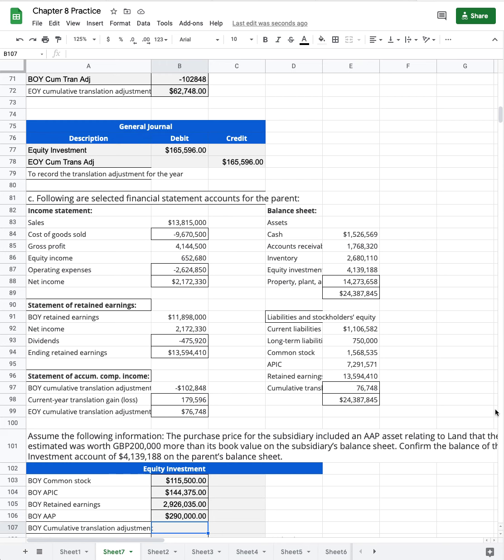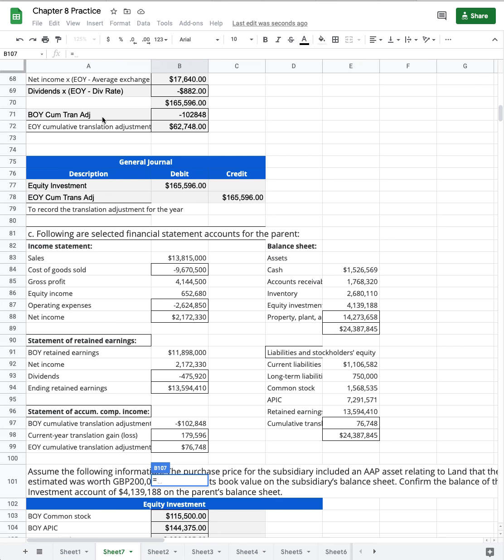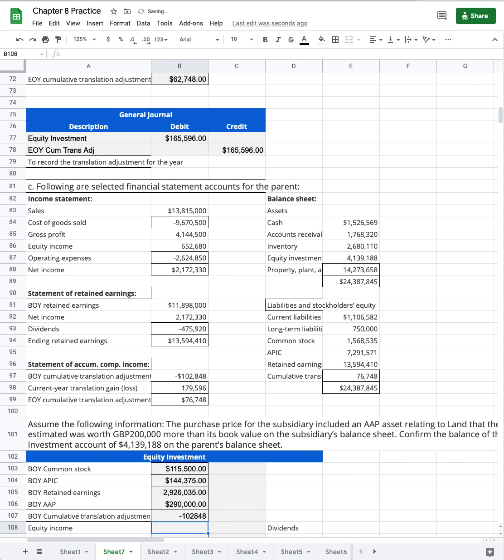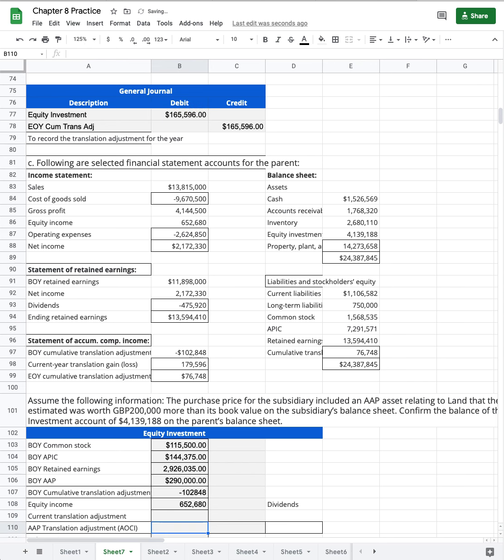Then the beginning of year cumulative translation adjustment, we can reference up here, the 102,848. Our equity income is given here for 652,680. Then our current translation adjustment of 165,596.